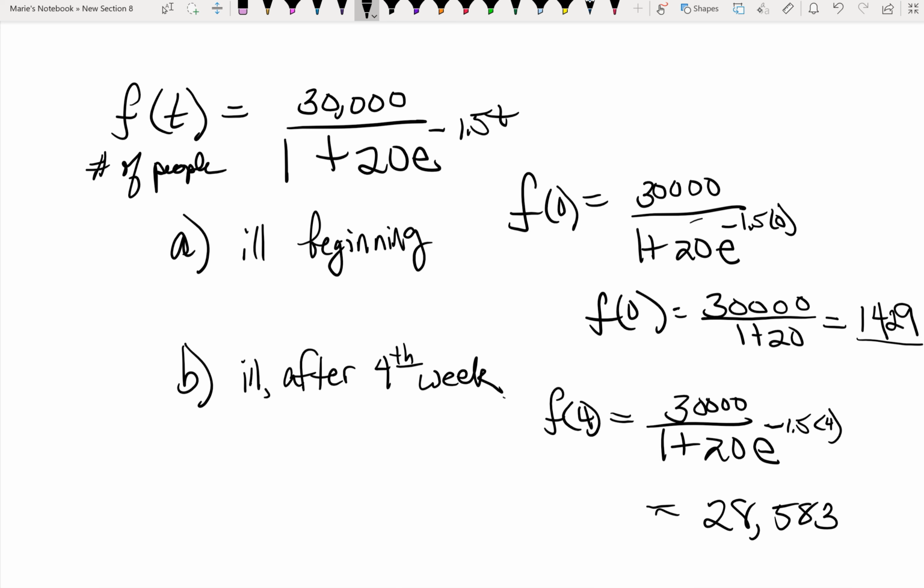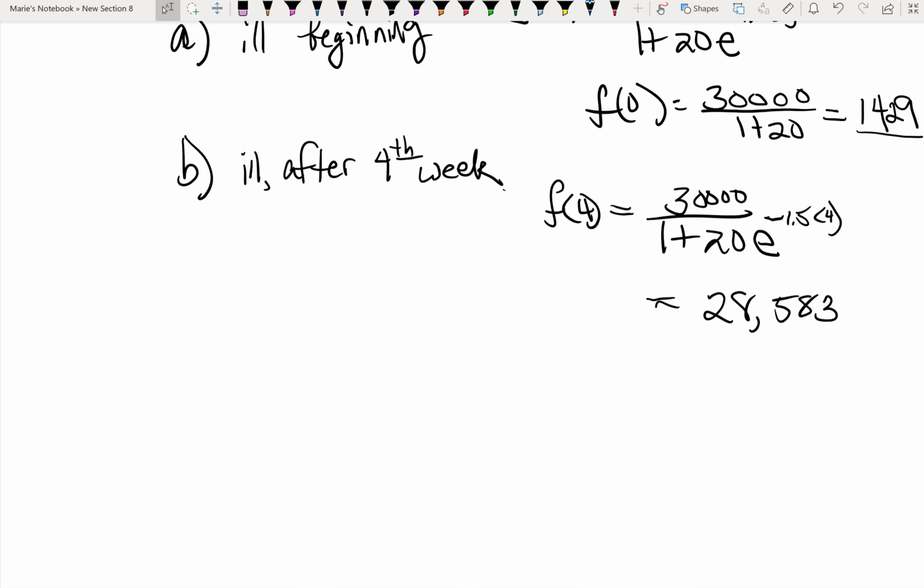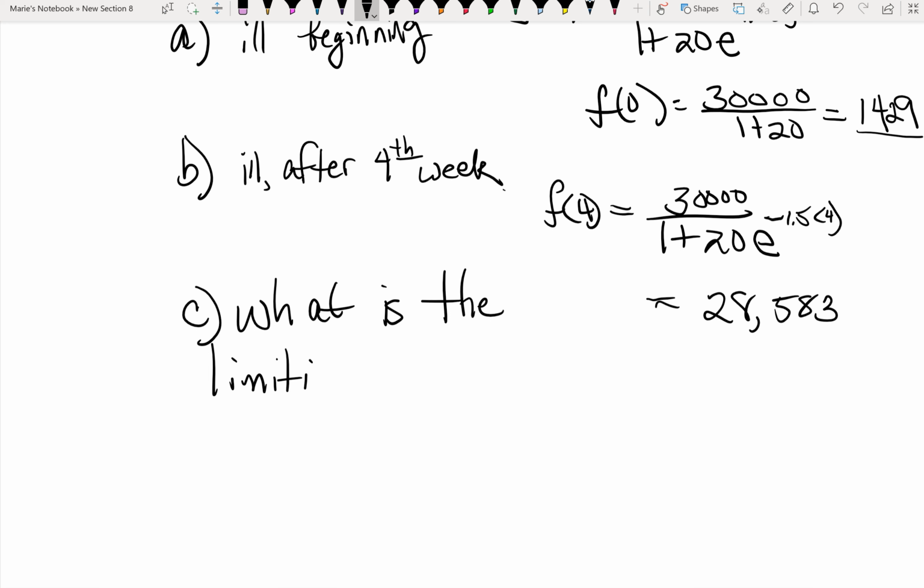Okay, and so part C simply asks us, what is the limiting size of f of t, the population that becomes ill? So I'm going to write this one down over here so I don't confuse the work numbers.